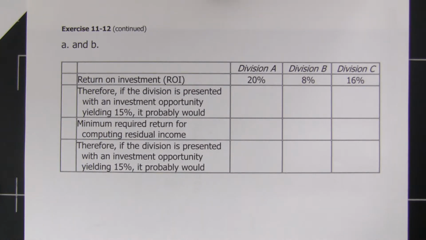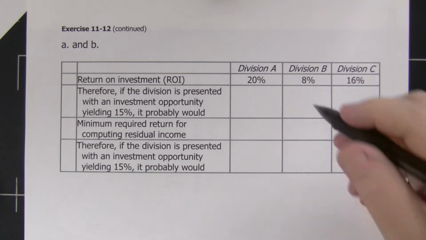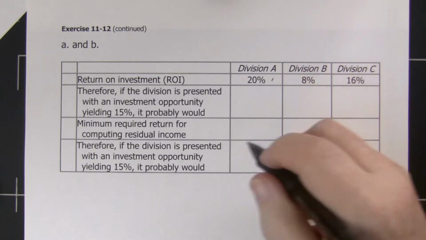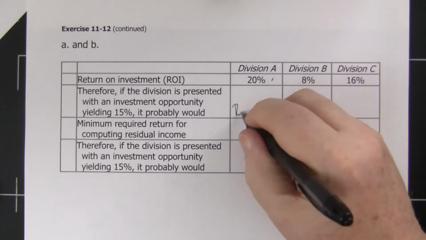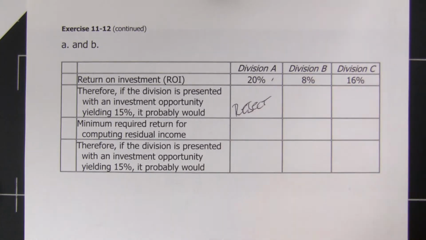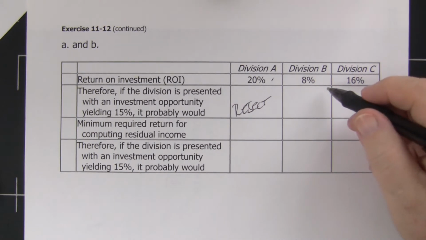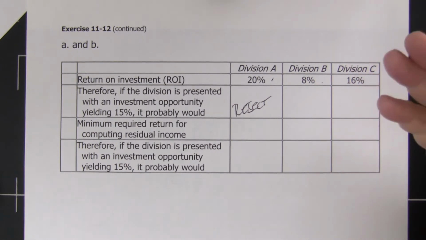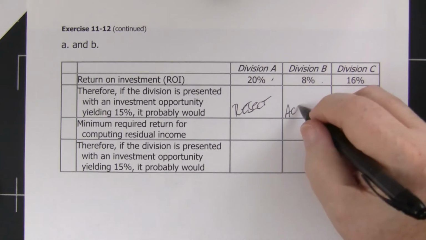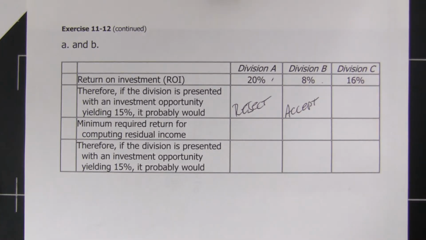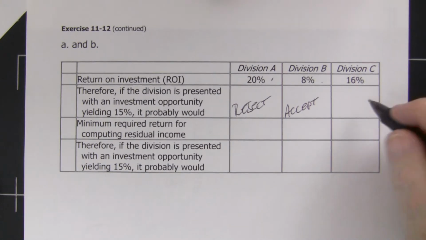Well, Division A has a return on investment of 20%, so they're likely to reject it, because if they accept it, it's going to average down their return. Division B has a return on investment of 8%, and the project is 15%. They'll probably accept because it'll average up their return. And Division C, it's really 50-50.